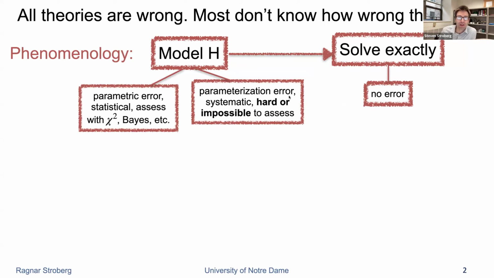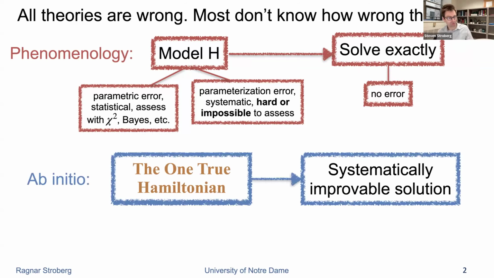But then you also have a parameterization error, that is, the way that you chose to set up the problem. You probably left out some physics, and it's hard or basically impossible to know how important what you left out is, because you just cooked up this model. But you set it up so you solve it exactly, so there's no error there. Because it's very hard to assess this, you don't really have much of an error bar.